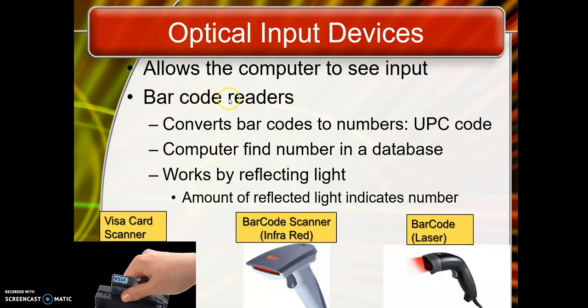So this barcode reader converts barcodes to numbers, which are also referred to as UPC, Universal Product Code, and the computer finds that number in the database which is already fed into the particular database, and works by reflecting the light. So we need to move this light towards a product where there is a barcode, and it scans that barcode.